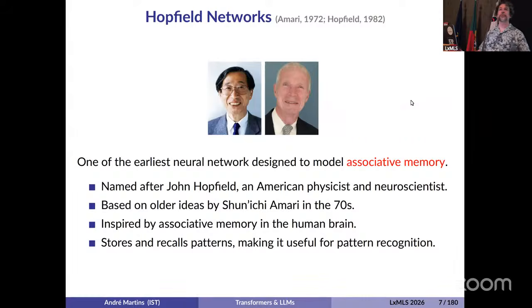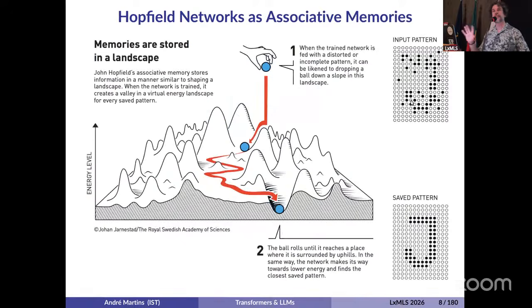So I'm not going to get into a lot of details about Hopfield networks, but I want to use this as a little bit of a teaser because some things in Hopfield networks are concepts that are interesting to map to today's architectures.